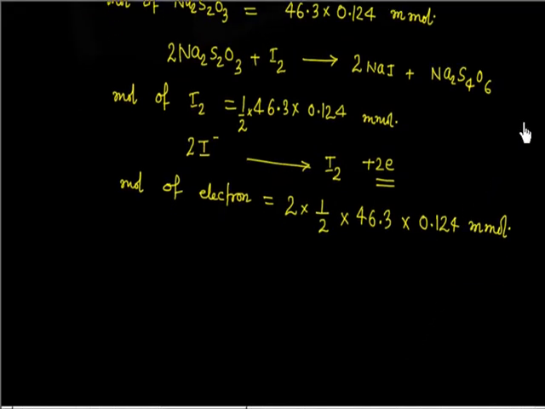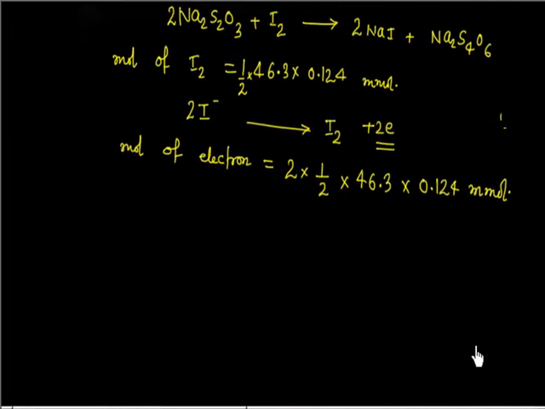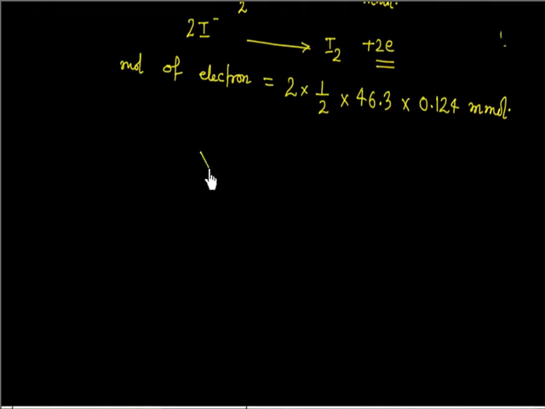At the same time, on this side you have, not Ag plus, some metal X used at the cathode. So this is a cathode reduction, and metal is deposited. So we have to find what is the molecular weight of the metal. So let us say X to the n plus takes n electrons and forms X. So the mole of electron used in this case is the same.